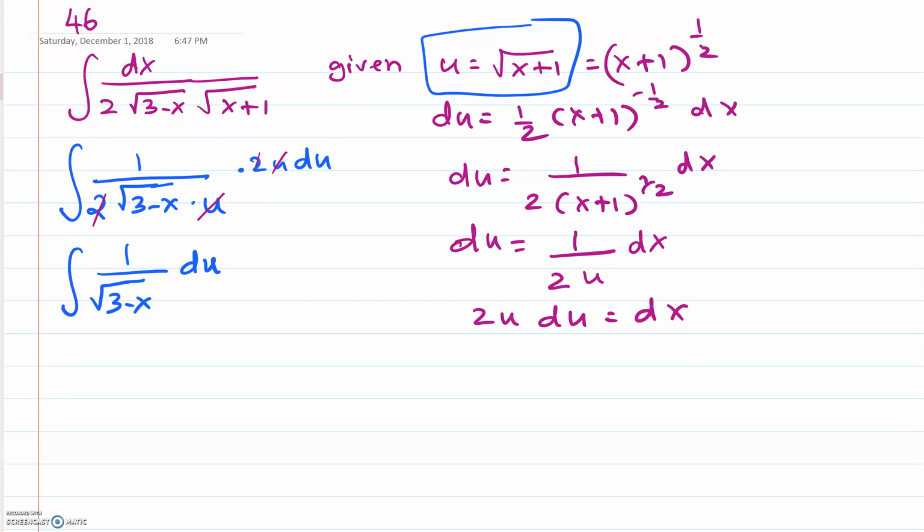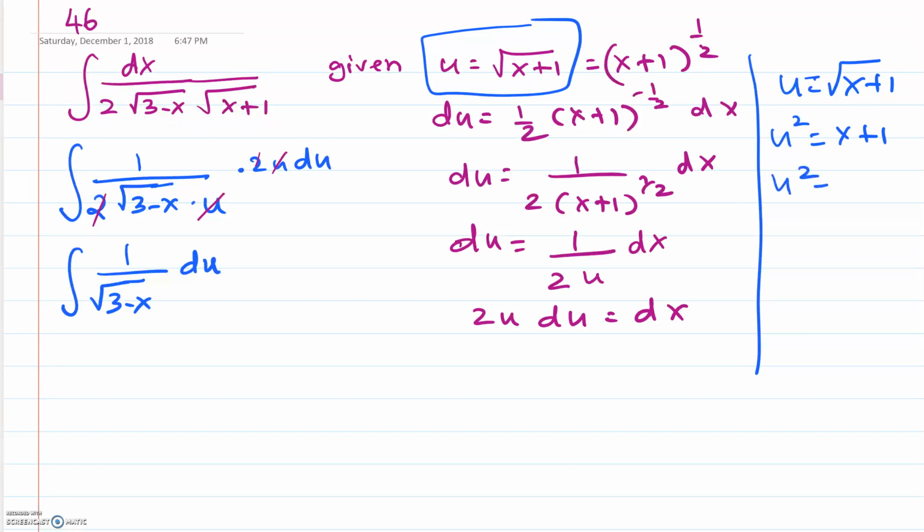So we're going to go back to the relation u equal to square root x plus 1 to transform the integral to u. So u squared equal to x plus 1, u squared minus 1 equal to x. We want 3 minus x. So 1 over square root of 3 minus u squared plus 1 du.